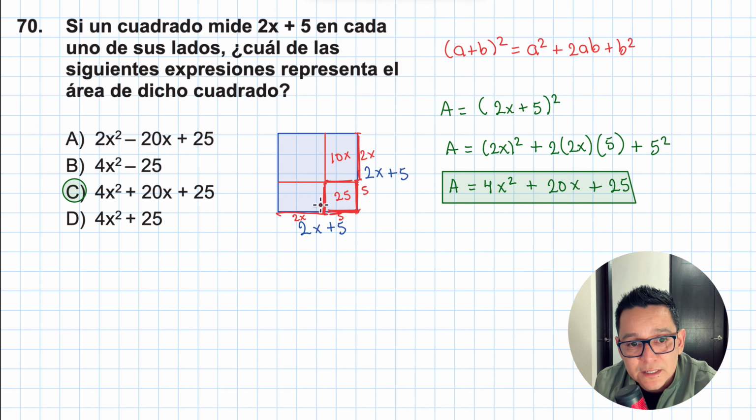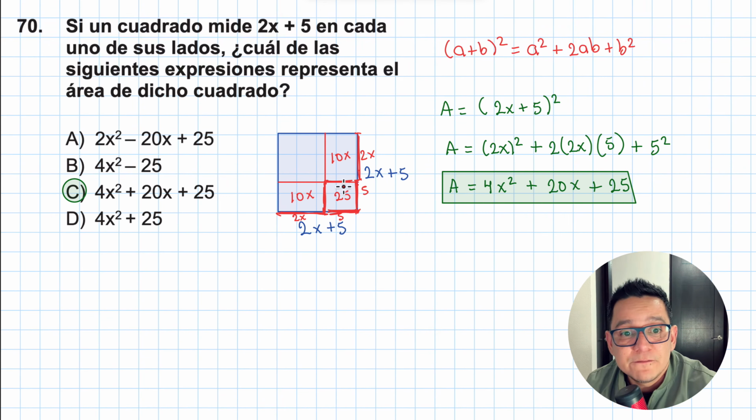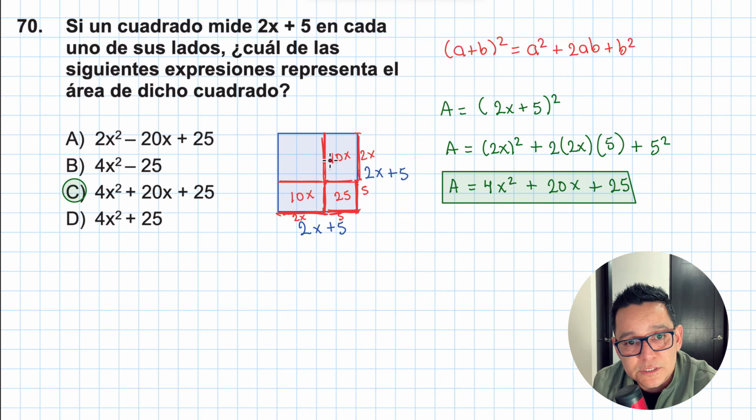Therefore, this region has an area of 2x times 5, which is 10x. We're good so far, right? Finally, what is the area of this region? Well, its base measures 2x, and its height is also 2x. Therefore, the area of this region is 2x times 2x, which is equal to 4x squared.